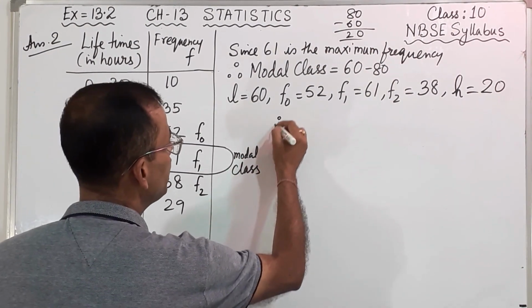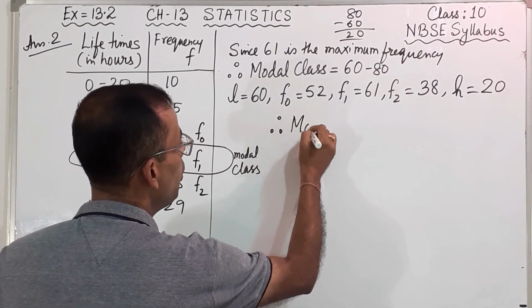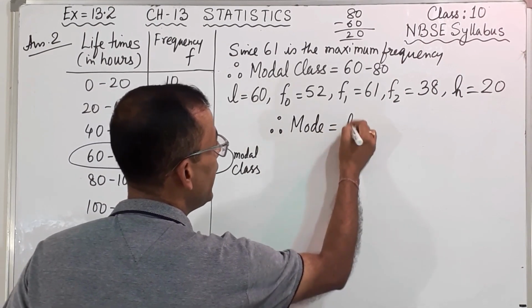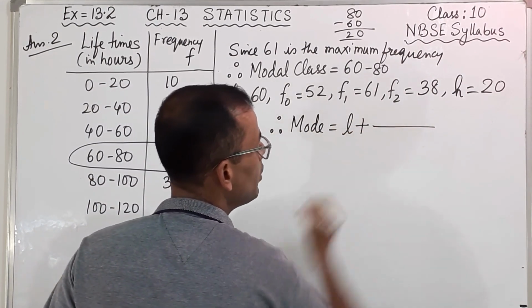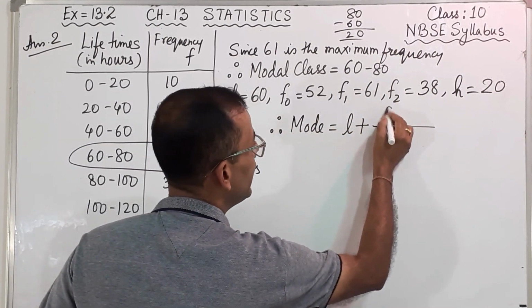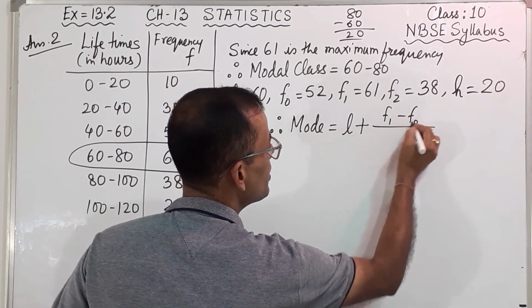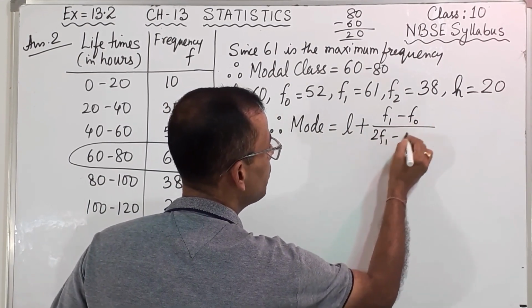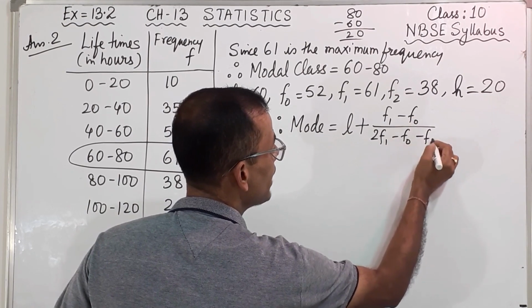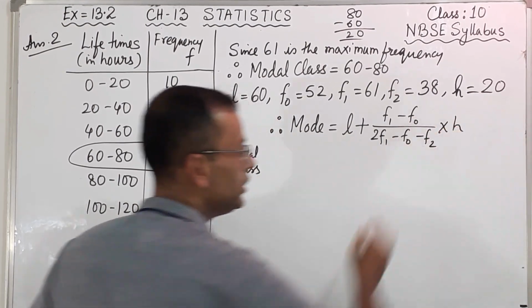Now we will put the formula. Therefore mode equals L plus, then we will draw a line, F1 minus F0 over 2F1 minus F0 minus F2, into H.